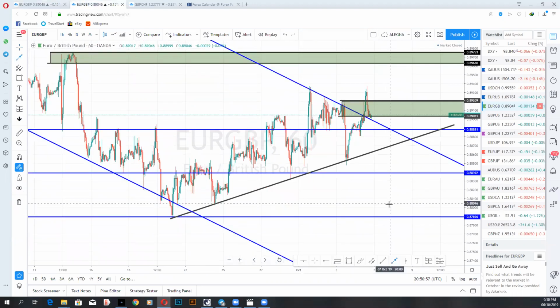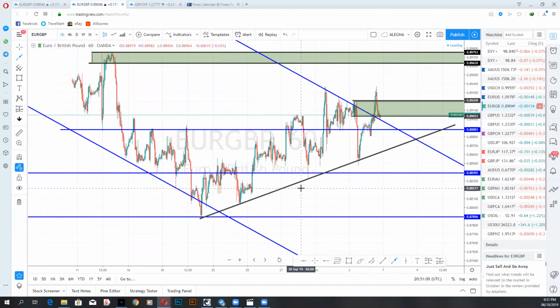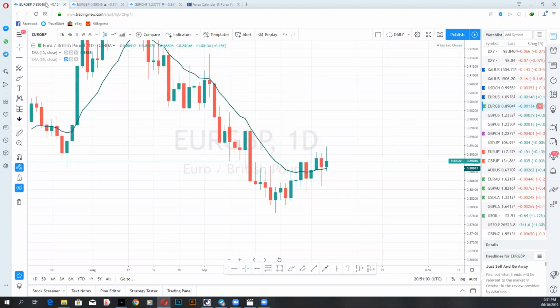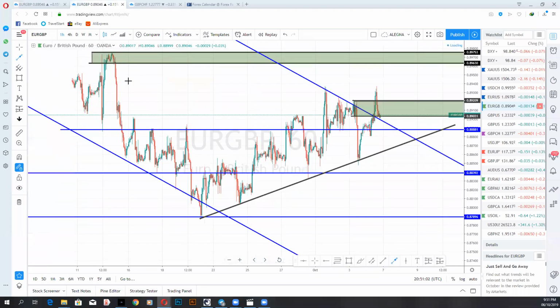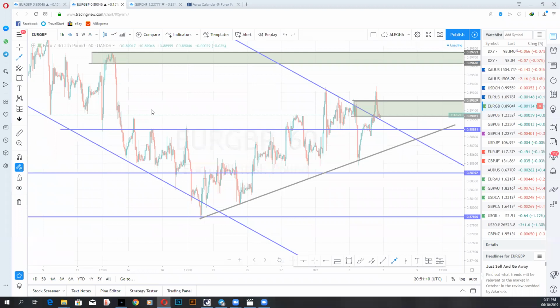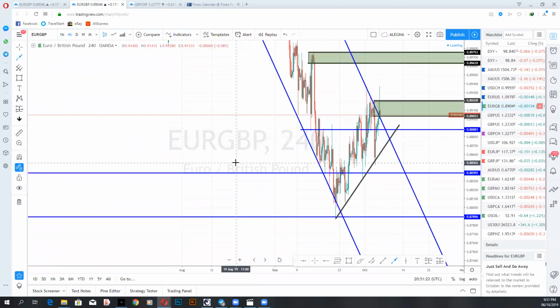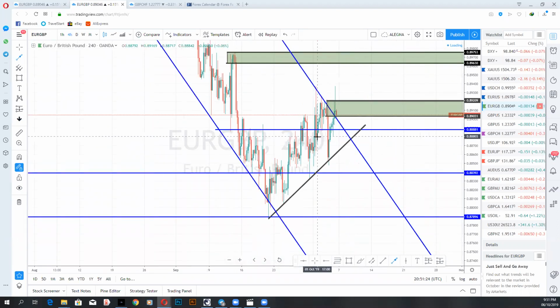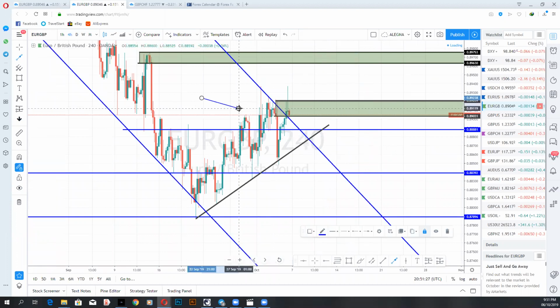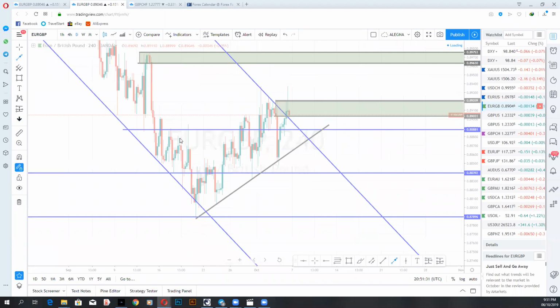Let me see. Okay, Euro GBP, this is daily time frame. Let's switch. Okay, that was 1 hour. Let me switch to 4 hour. Excuse me. Look at this from the daily perspective.